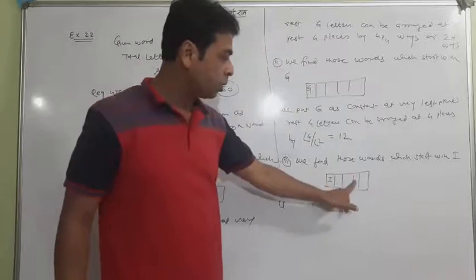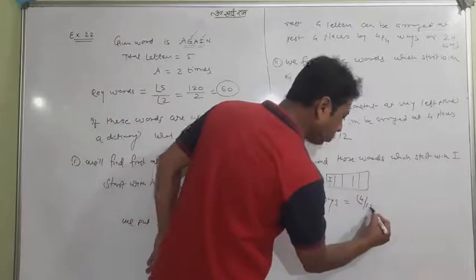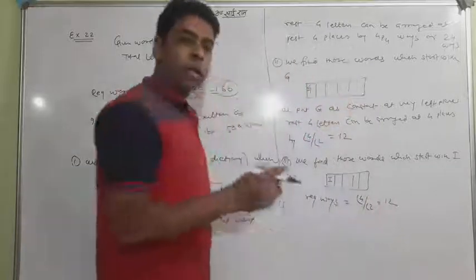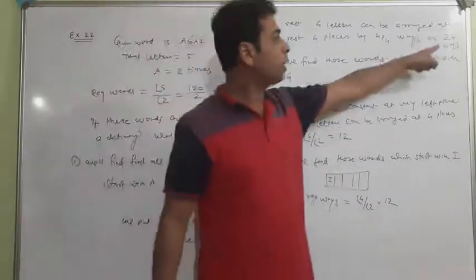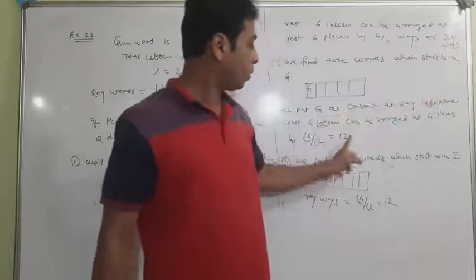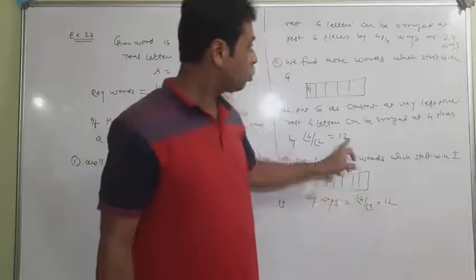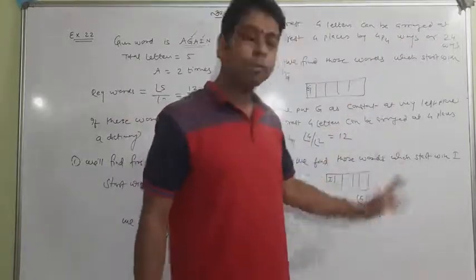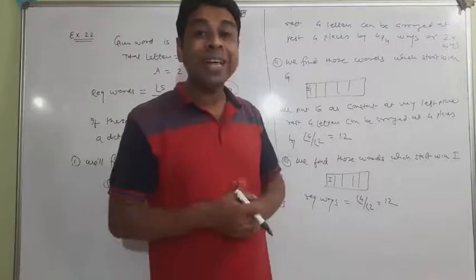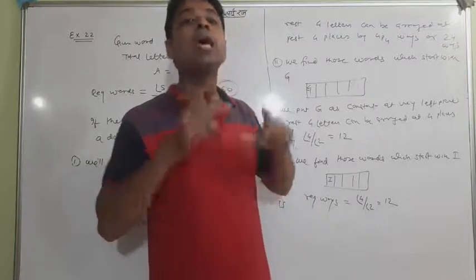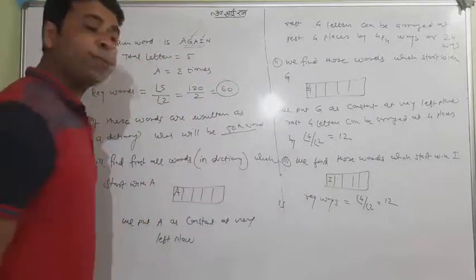These will be placed in 4 places where A's are repeating. So required ways: factorial 4 upon factorial 2, meaning 12. Now can you count till here? This is a very good thing I am telling you. 24 words which start with A, 12 words which start with G, and 12 words which start with I, all together 48. So till now you have arranged 48 words according to the dictionary, and you want to find the 50th word.